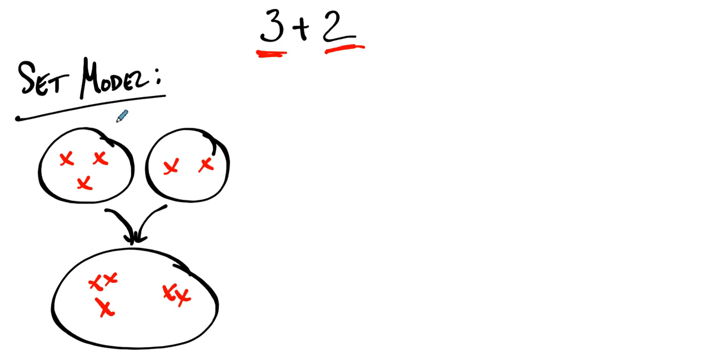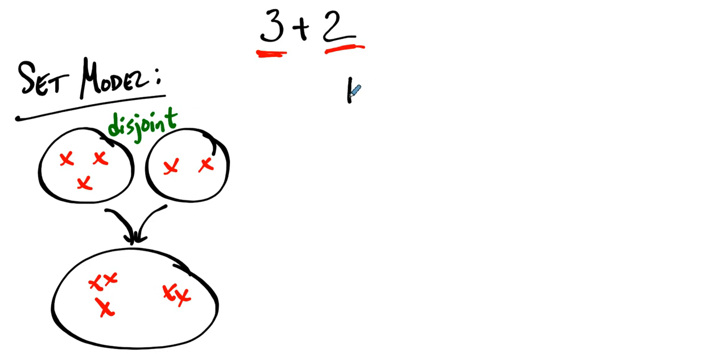The key here is that the sets have to be disjoint. It cannot be that any of these things are also over here or any of these things are also over here. If the sets are disjoint, so we hold up 3 fingers on one hand and 2 on the other, we can use the set model to say, okay, 3 plus 2, that's 5.